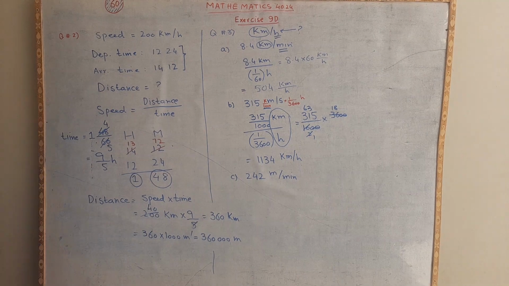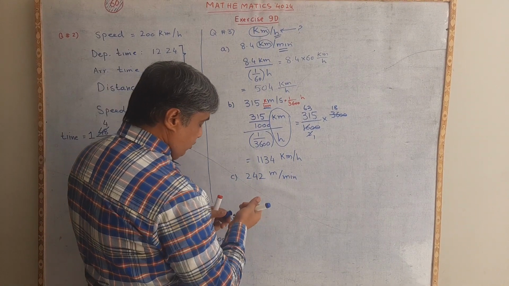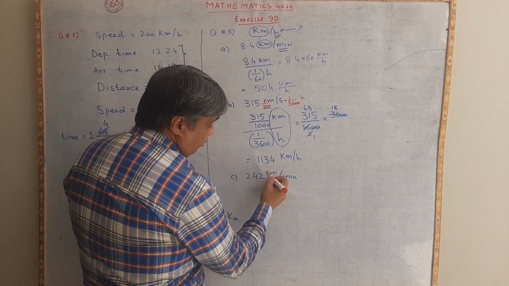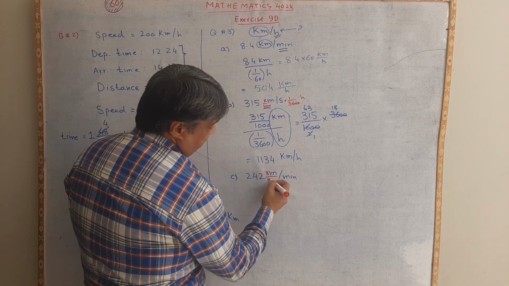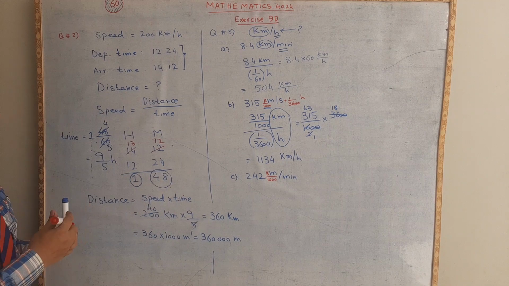Now we have to introduce kilo. So when you want to make it kilo, it means you have to divide by 1000 as well. Again, it can be cancelled.